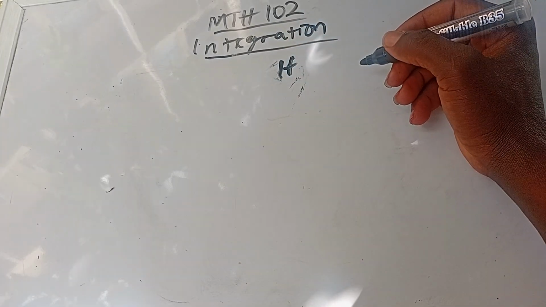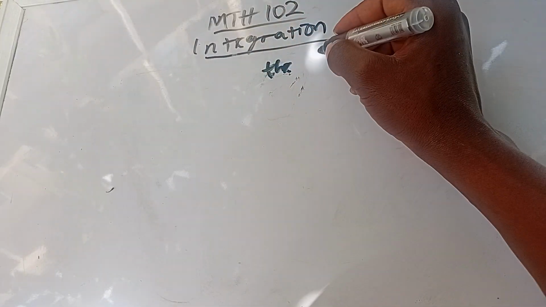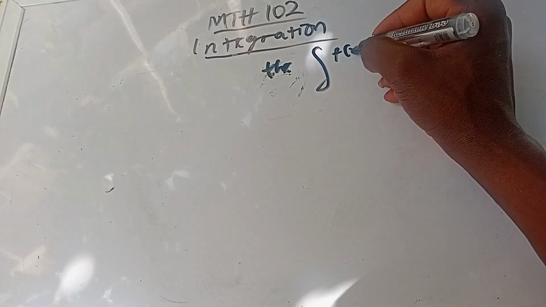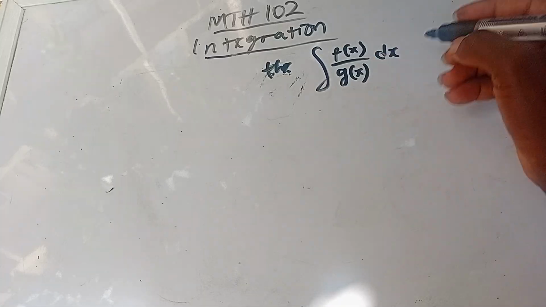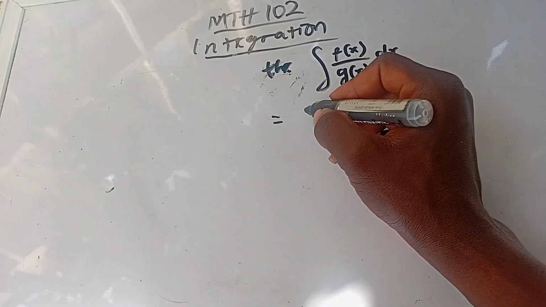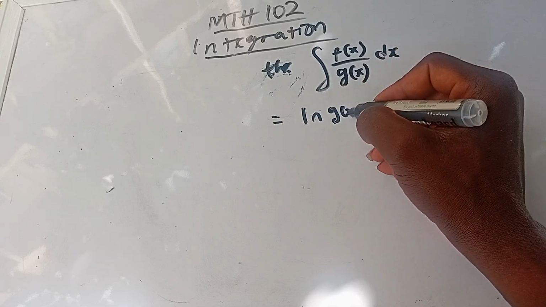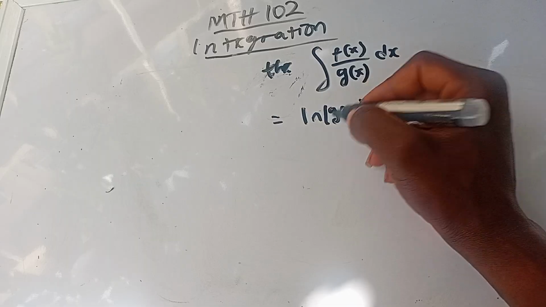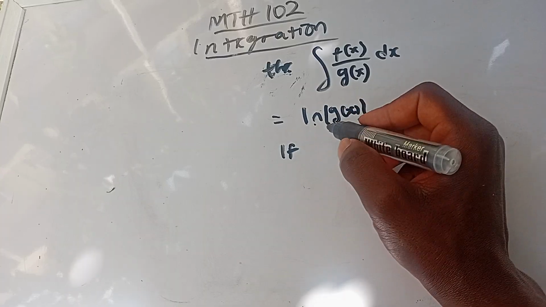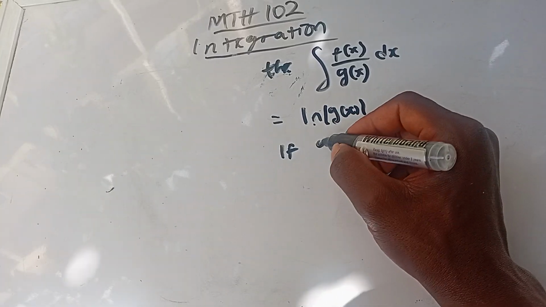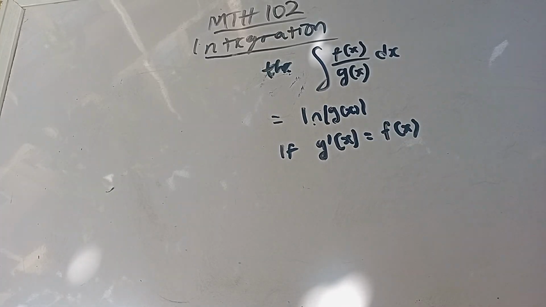Let me say the integral of f of x over g of x dx is equal to ln g of x if there's a condition that will make it equal to this: if g prime of x equals f of x.